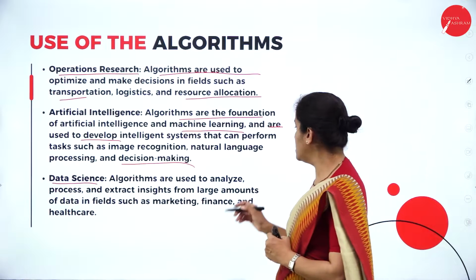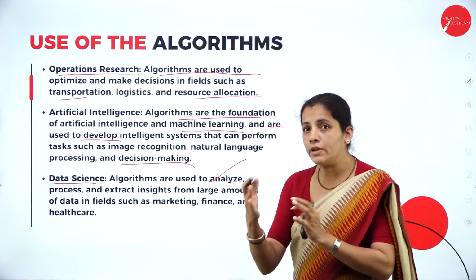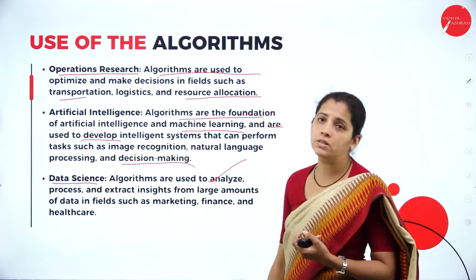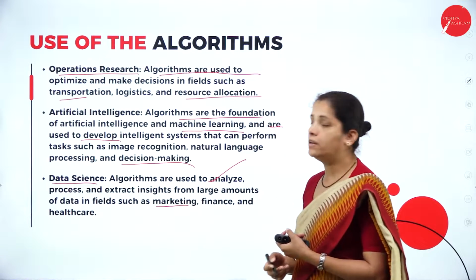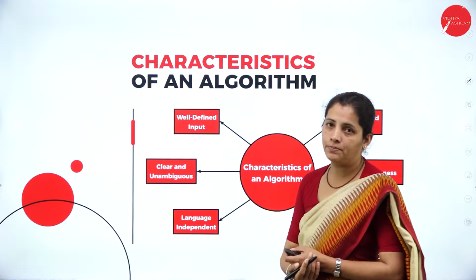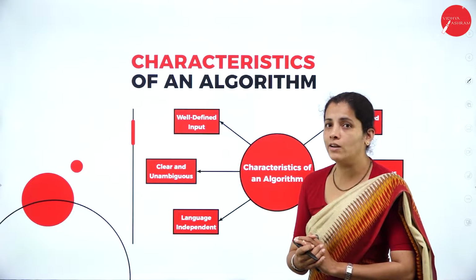In data science, to process and analyze the data, we use algorithms, especially in fields like marketing, finance and healthcare. So these are certain fields where we can use an algorithm.